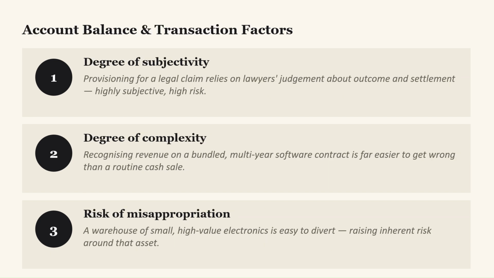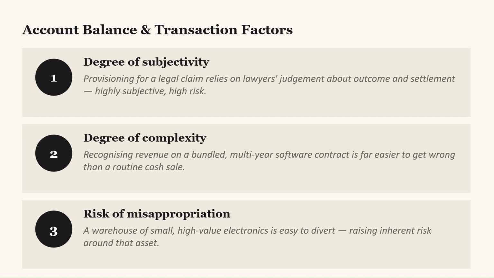Now let's move to the account balance and transaction level and look at three factors that matter here. Factor one is degree of subjectivity. Take the example of provisioning for a legal claim. This relies heavily on a lawyer's judgment about how the case will play out and what it might settle for. That kind of subjectivity means high risk. Factor two is degree of complexity.